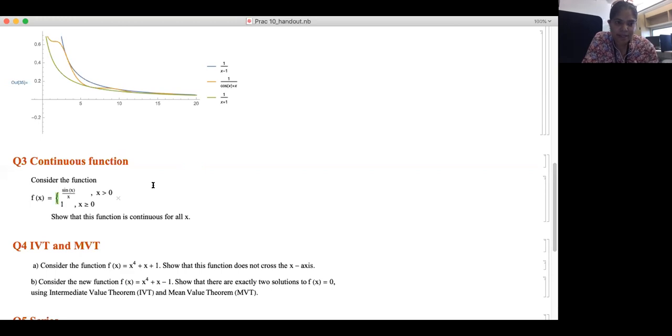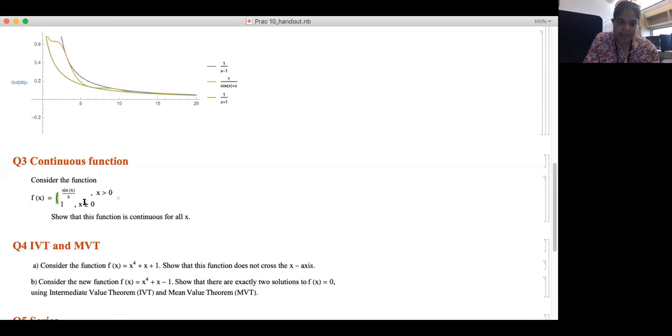Okay, in this case, you are given a piecewise function. If x is positive, it's sine x over x.